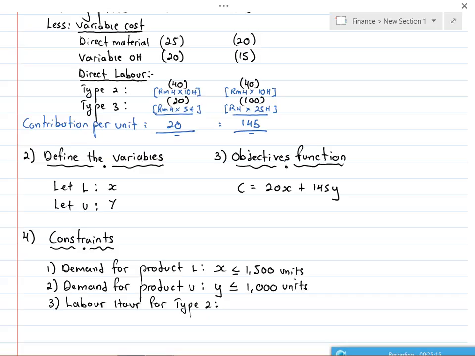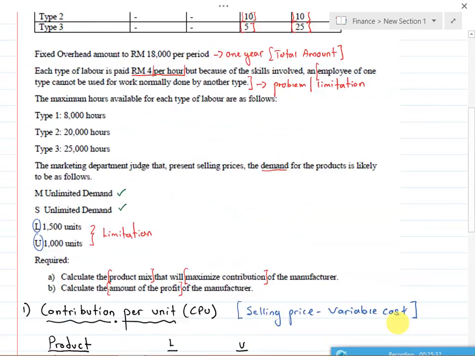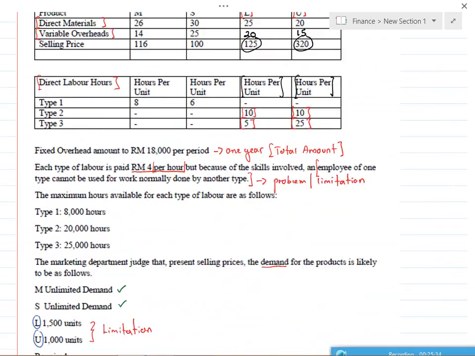Now, how do you create that equation? If you look at it, in your type 2 you have 10, 10, and type 3 you have 5, 25, am I right? So now, type 2, 10, 10, how do you want to put it in? And then you have what?